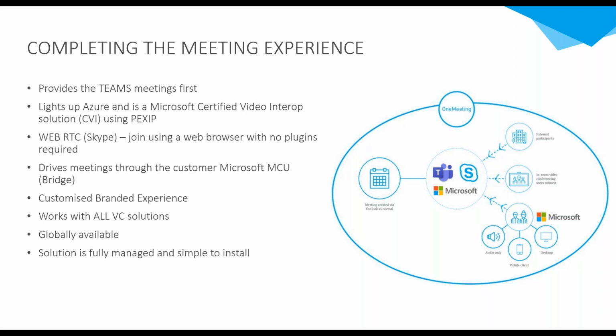We can offer a WebRTC connection into Skype for Business meetings. That very simply is the ability for someone who doesn't have Skype or Teams to join the meeting, but they don't have to install any plugin to get that working. They will just come in through their web browser and join the meeting and be able to participate in the Skype for Business meeting as if they had Skype, but it's all through the web browser.